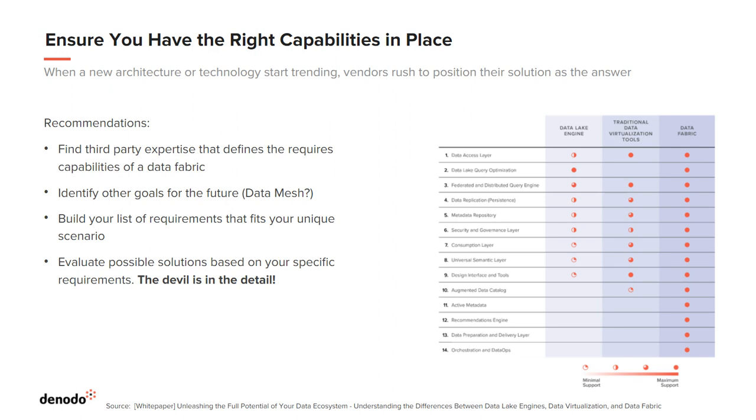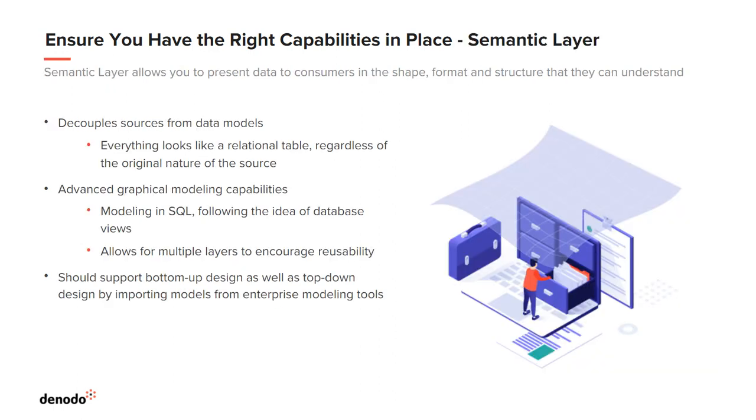The first, and it's been covered by both Sam and Tom, is around the semantic layer or knowledge graph. That is a key aspect, because if you're going to gain value from your data fabric implementation, you need to make sure that the information is easily consumable by those people within the organization that need the data.